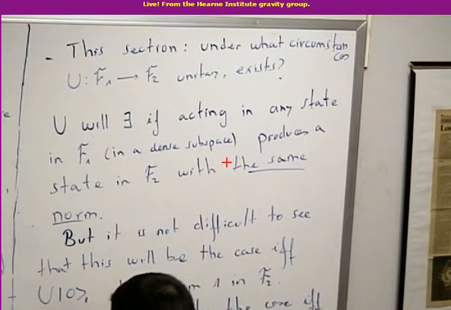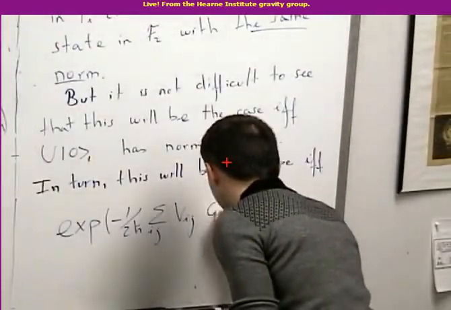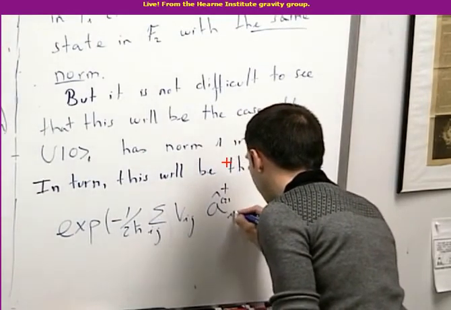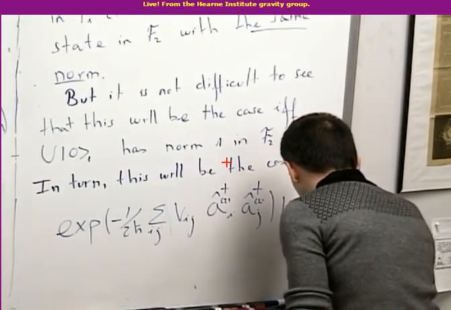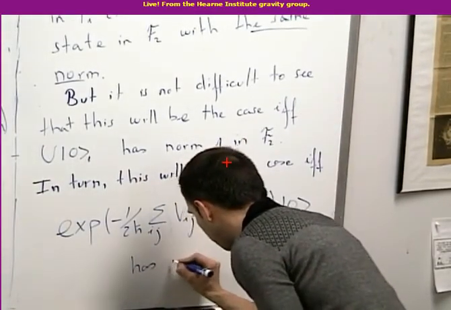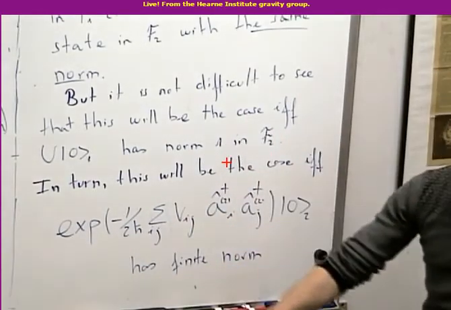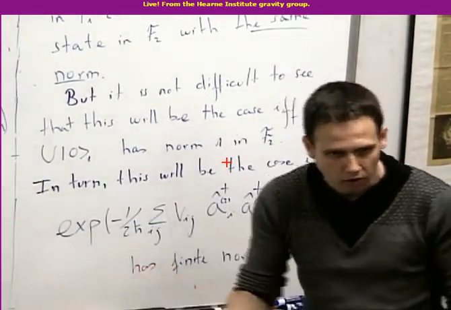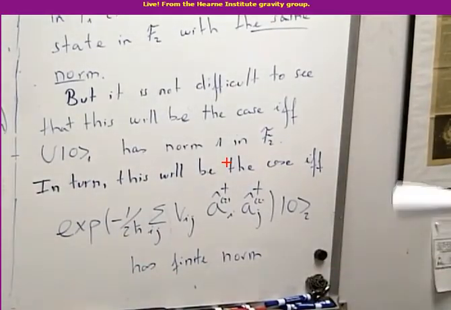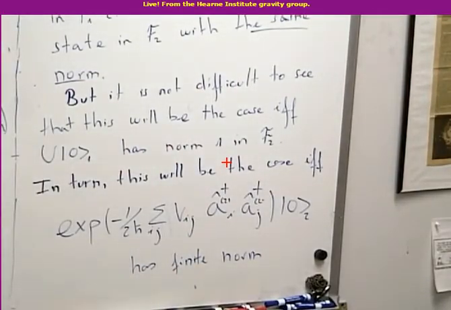The exponential of minus 1/2 h bar sum ij V_ij a dagger 2i a dagger 2j acting on the vacuum 2 has finite norm. Because it has finite norm, the N in front of it will be 1 over that, and the state is normalizable to N. So that is the condition. We have to check whether this state has finite norm in the Fock space 2.